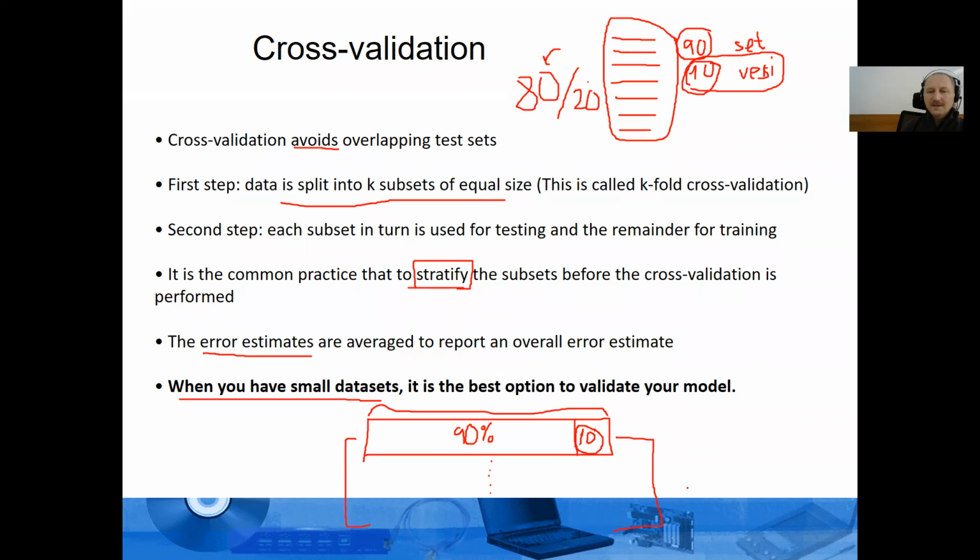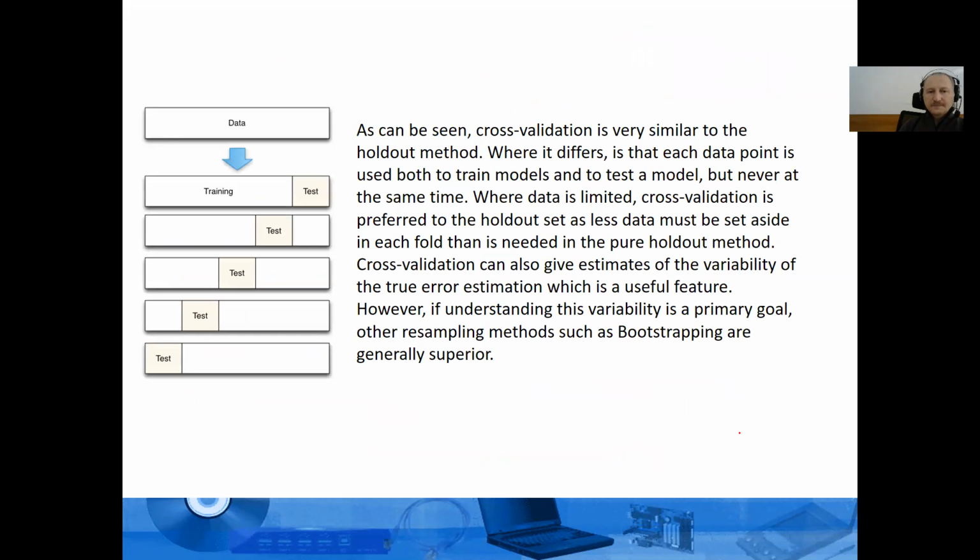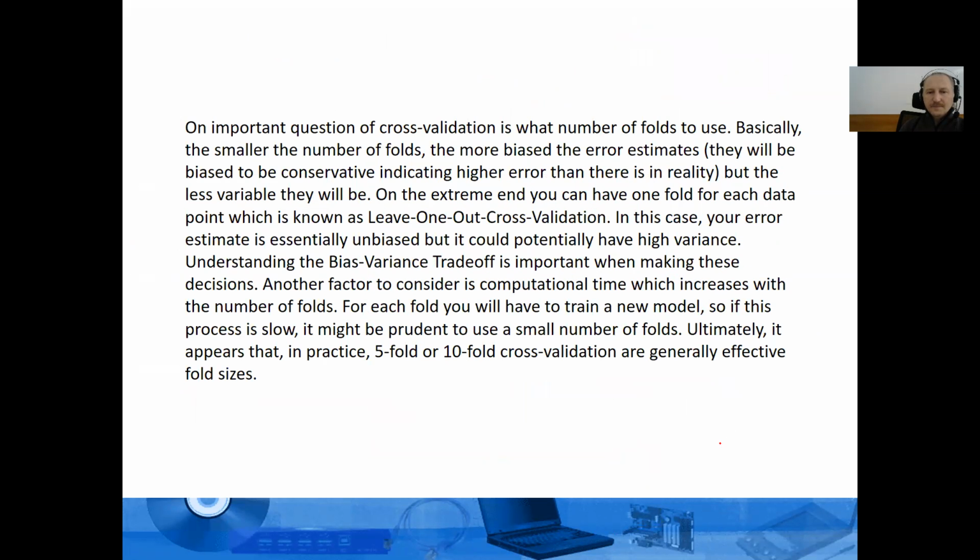So if you have a small data set, cross-validation is the best option to validate your model. You can use 10-fold. If you have a bigger data set, you can use 5-fold.